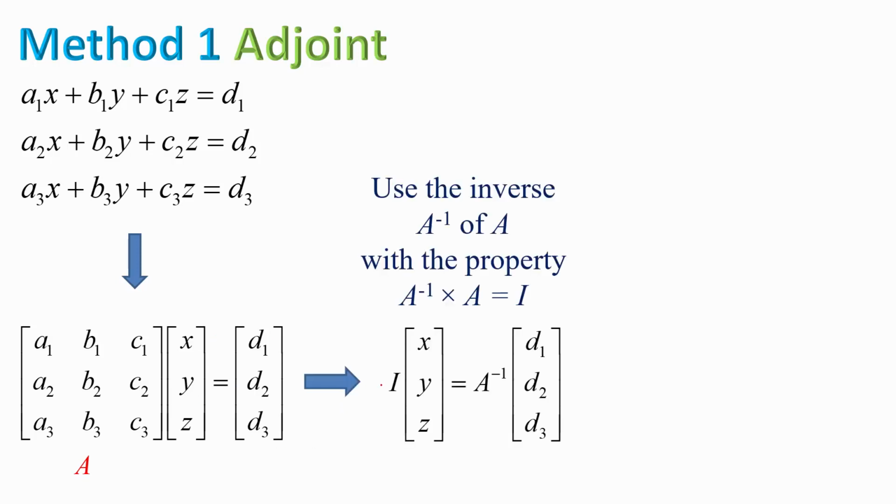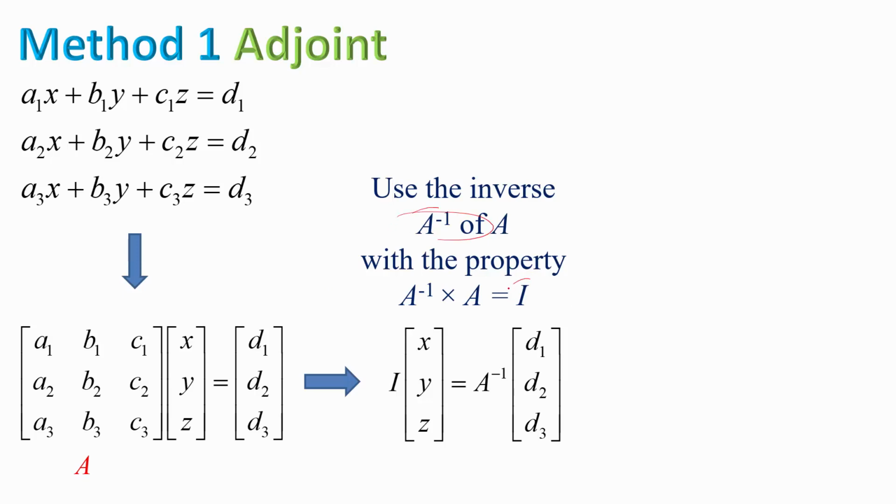Now the aim is to manipulate the left-hand side of the matrix equation so that we end up getting the identity matrix represented by the letter I, and to do that we work out the inverse of matrix A, represented by A to the minus 1.